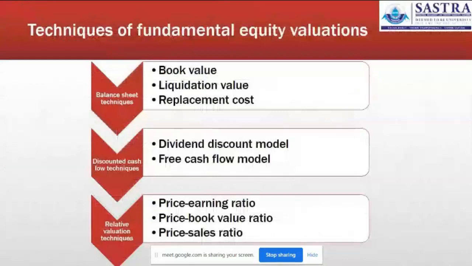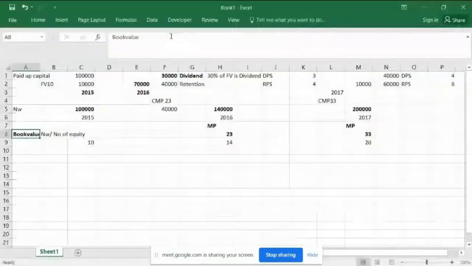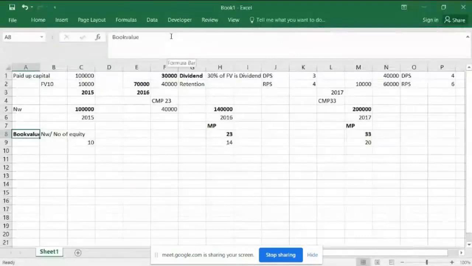Okay, so this is regarding the book value of securities in the market. You know that the paid-up capital has been issued for the purpose of procuring the required assets for the organization. You all know the fixed capital which is required to establish the enterprise is used for that particular purpose.